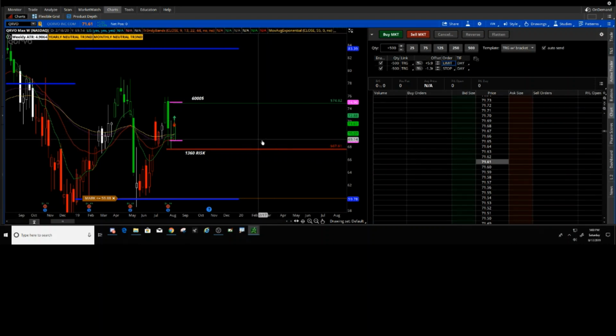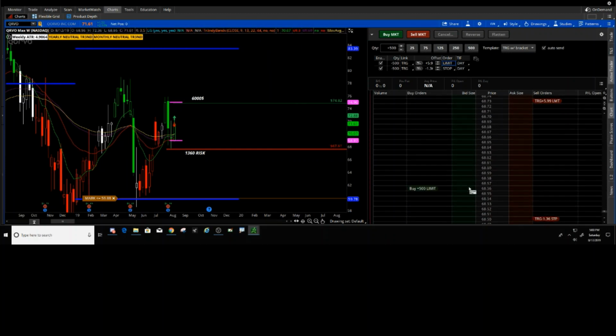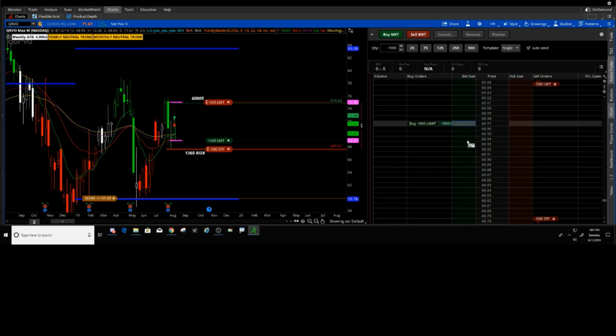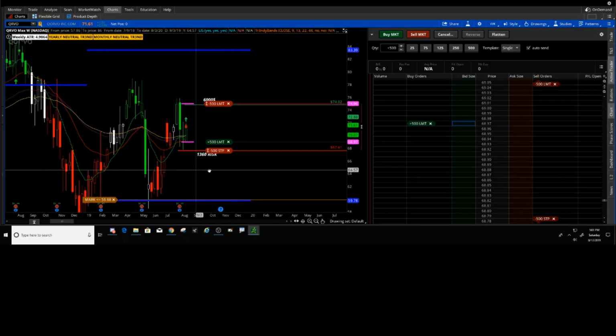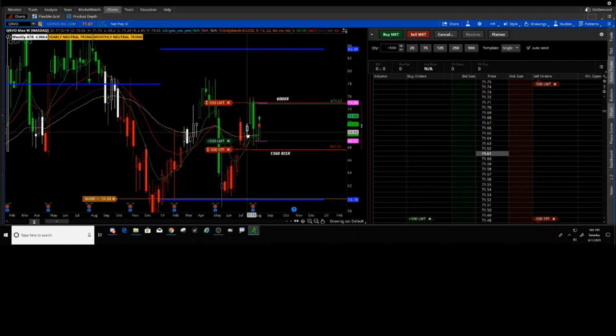All right, so let's go over here. We said the monthly is at 68.97. Let's find 68.97. Okay, go ahead and select. And you can see here, this sets up our trade automatically.